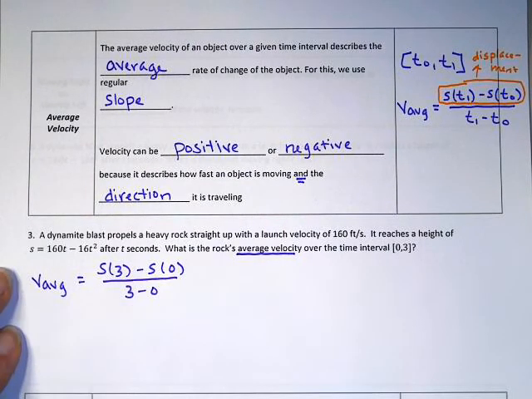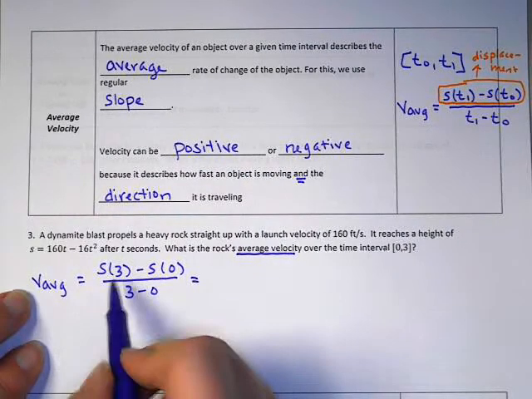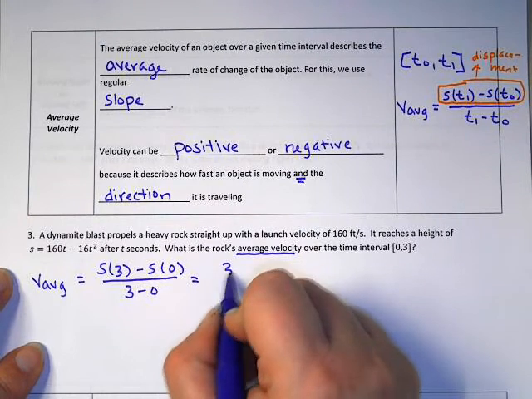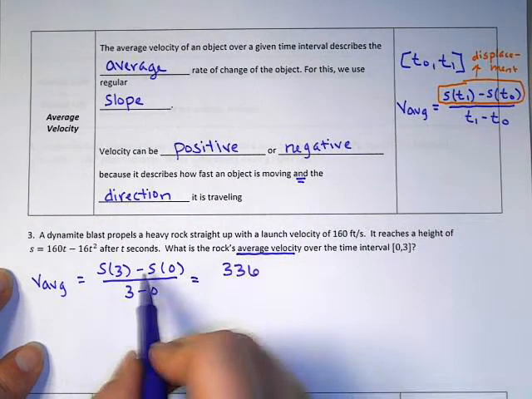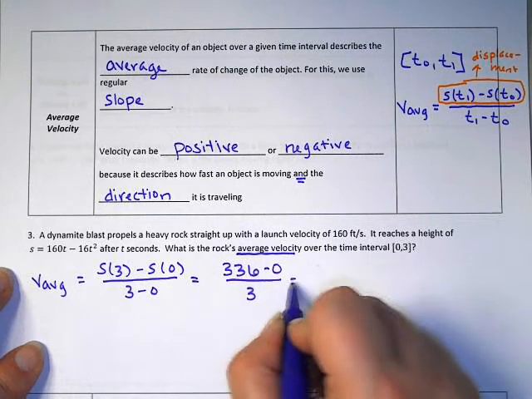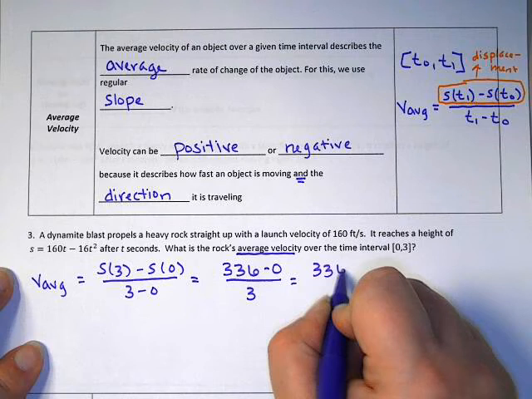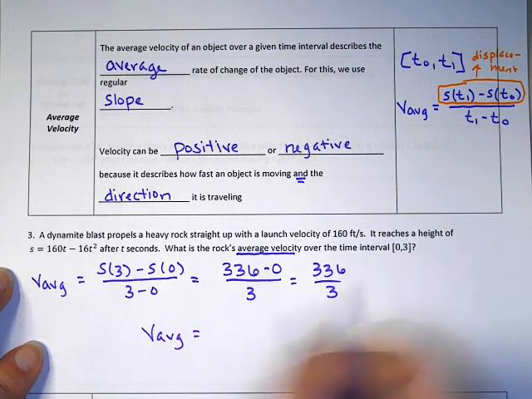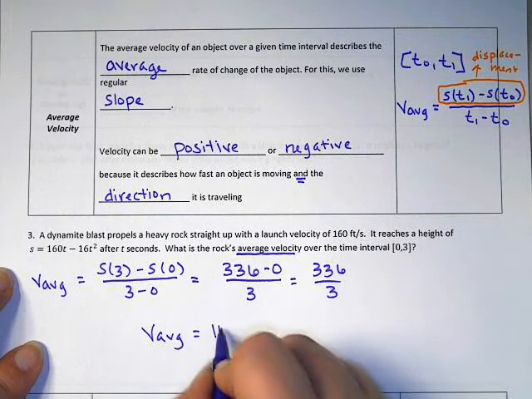So again, average rate of change just means regular old slope. So if we plug in s of 3, then we get 336. S of 0 we know is 0. 3 minus 0 is 3. So we have 336 over 3. That means the average velocity is 112.